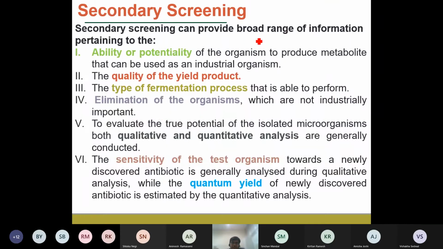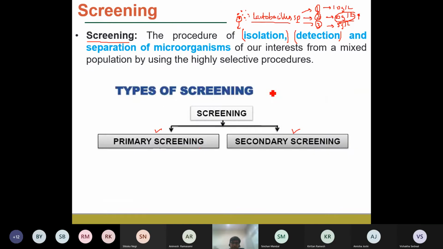So what is the secondary screening? Secondary screening provides you a broad range of information. It gives you both qualitative as well as quantitative analysis. As in the last example, when you extract bacteria from milk, you get different species.